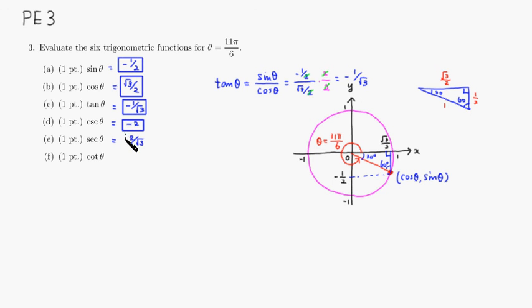And the last one is cotangent, which is the reciprocal of tangent, so that would be negative square root of 3.